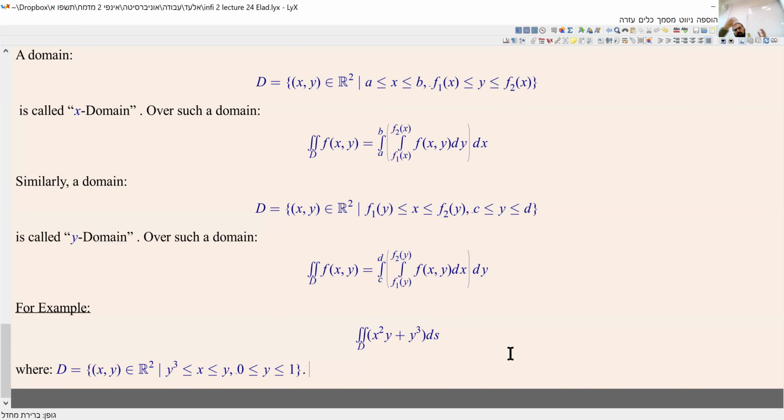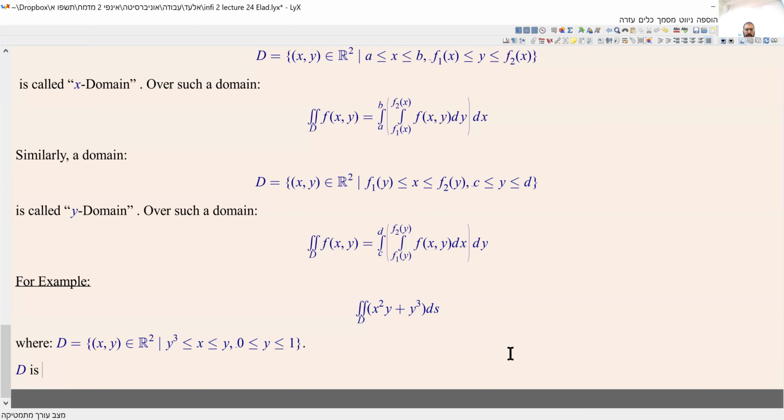And just like in one of our functions, if we calculate the integral over all the subdomains and sum the results, we get the integral over the domain itself. So generally speaking, we actually know how to calculate integrals over domains that are not necessarily x domains or y domains or rectangular domains, but we're probably not going to ask about it.